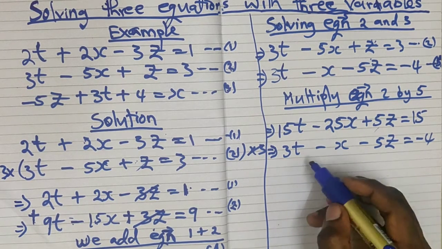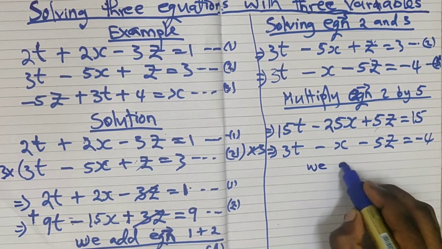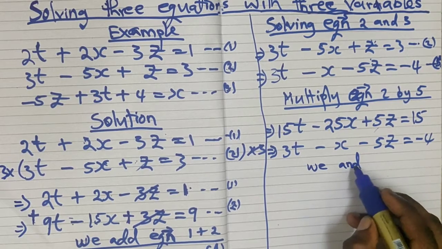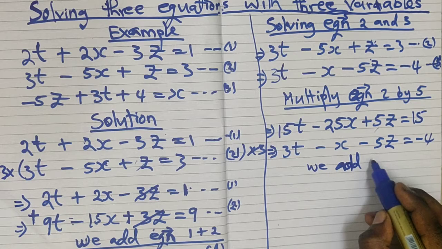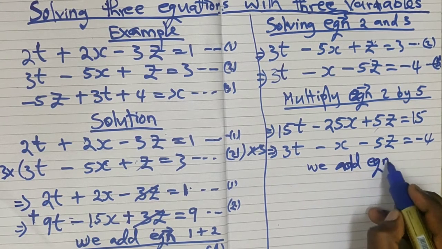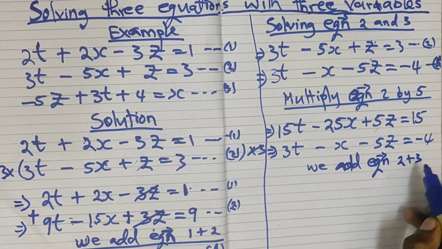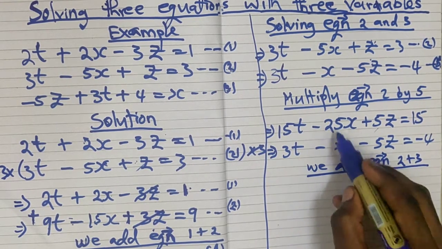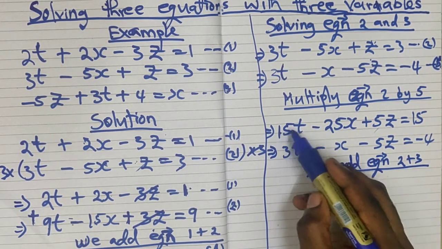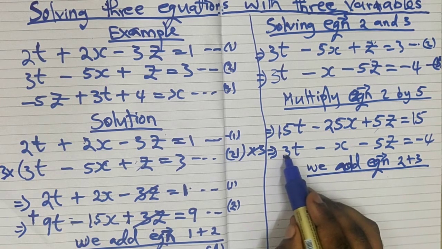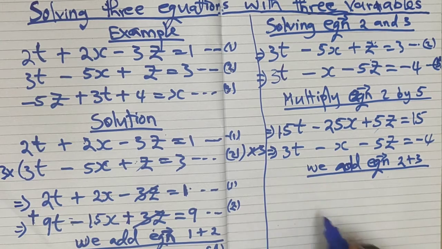So we add these two equations, equation 2 plus 3. Adding these two equations, we are going to have 15t plus 3t is 18t.